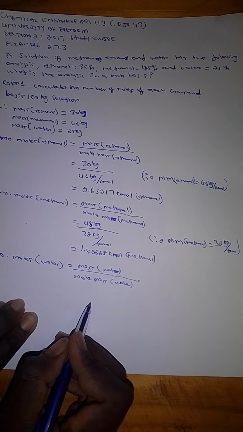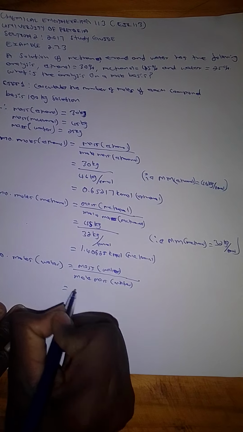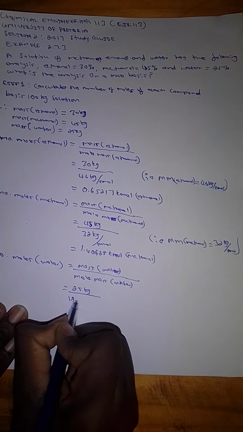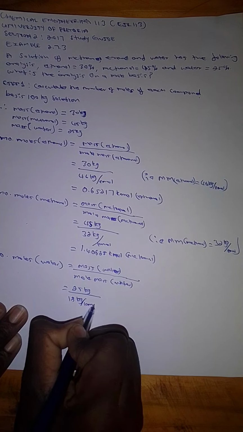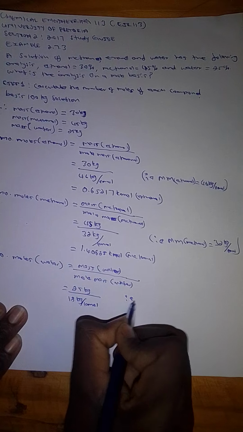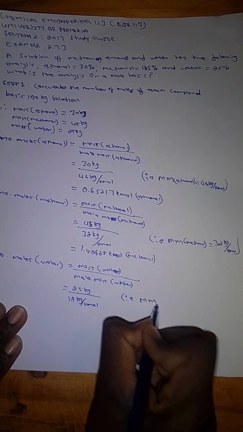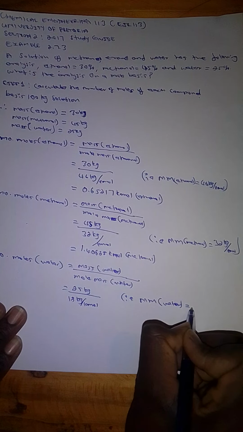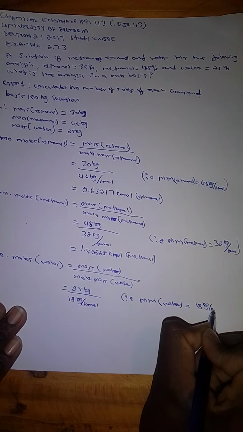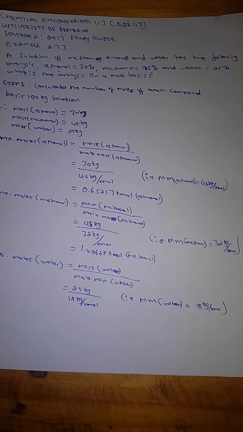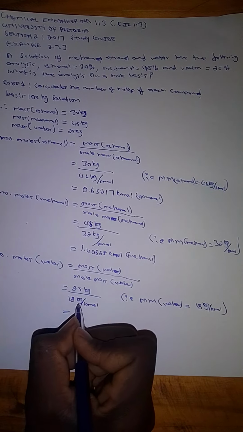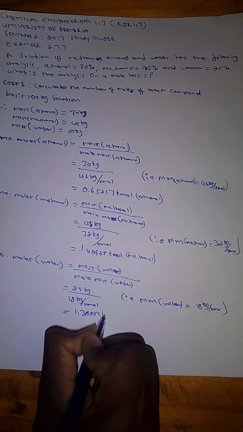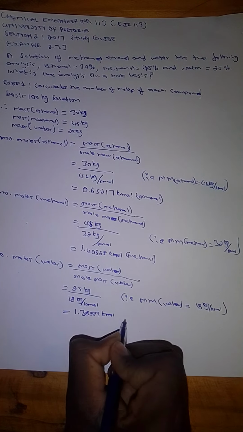The mass of water we calculated to be 25 kilograms, and the mole mass of water is 18 kilograms per kilomole. Again, I just want to highlight here, the mole mass of water equals 18 kilograms per kilomole. If you use a calculator, you get 1.38889 kilomole of water.